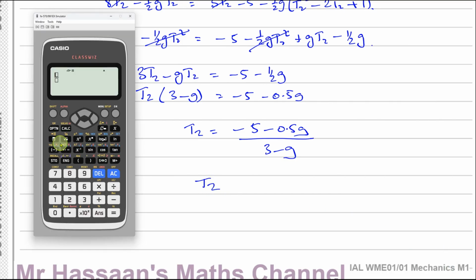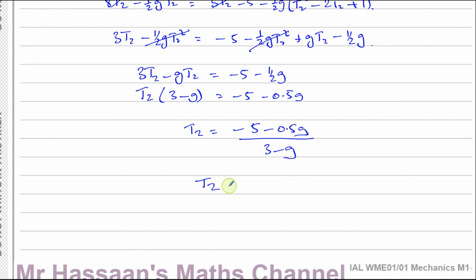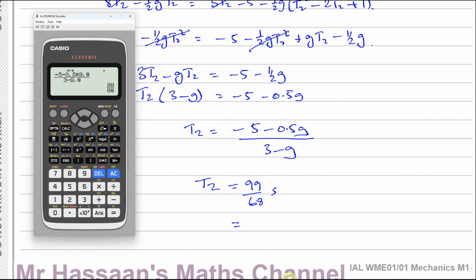So let's put this in the calculator. We have minus 5 minus 0.5 times, and I'll put 9.8 now as G, divided by 3 minus 9.8, and that gives us 99 over 68. That's 99 over 68 seconds, which you can write to 2SF or 3SF. So let's see. Where's the calculator gone? Here it is.